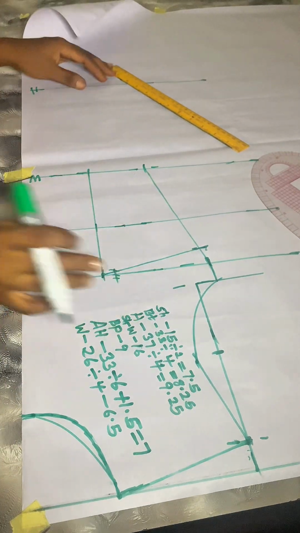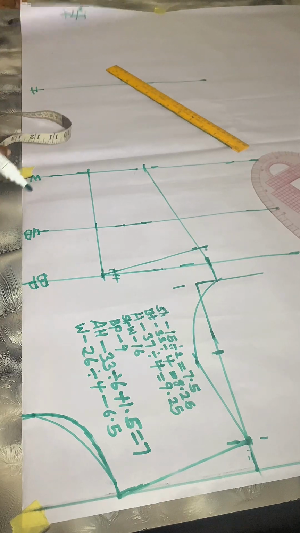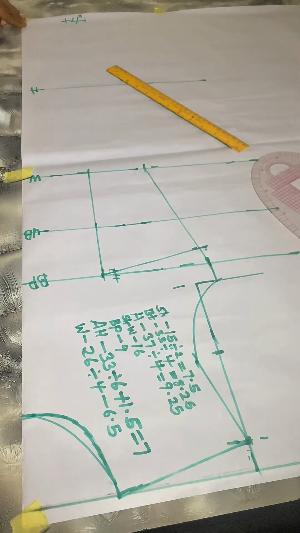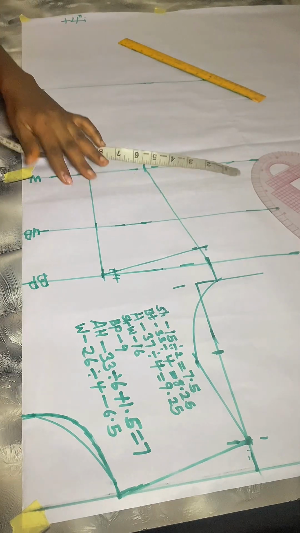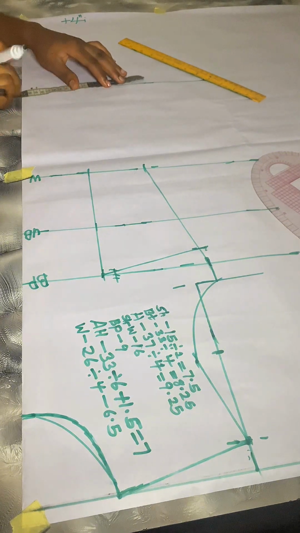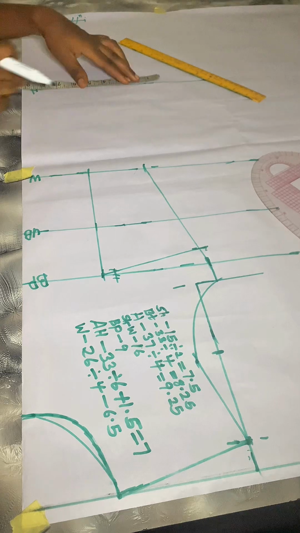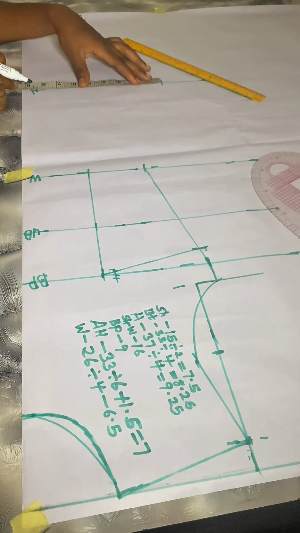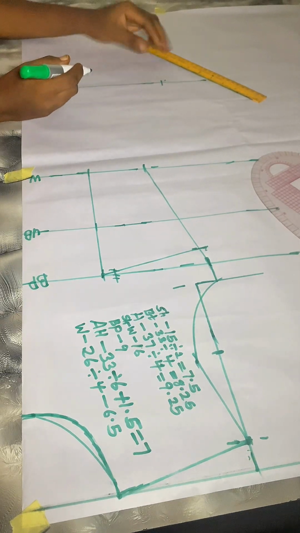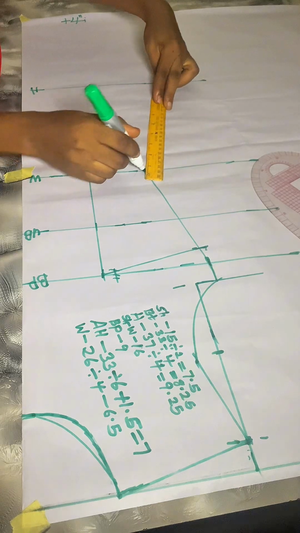So this is now the down part. So we're going to get, what is our hip? Our hip is 9.25. So this is our hip. I said you are not adding the sewing allowance.